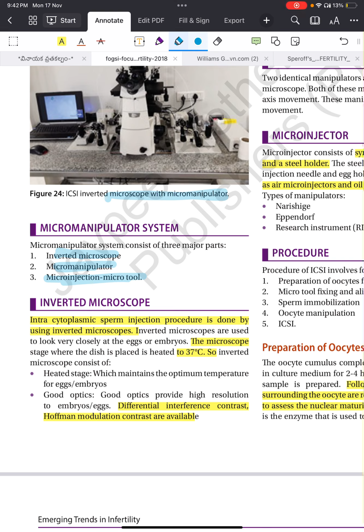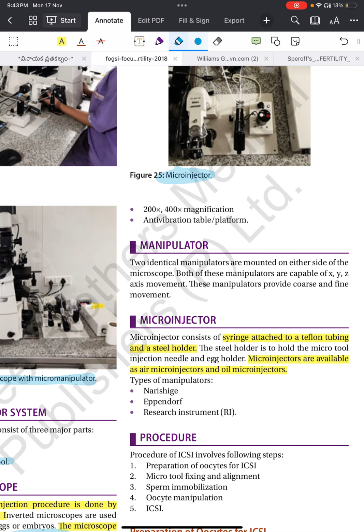The microscope stage where the dish is placed is heated to 37 degrees, so it maintains the optimum temperature. It has good, high resolution optics, and differential interference contrast. Hoffman modulation contrast is available. The magnification is 200x, and there is an anti-vibration table or platform where ICSI is performed.